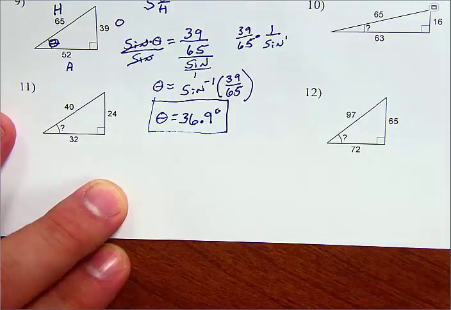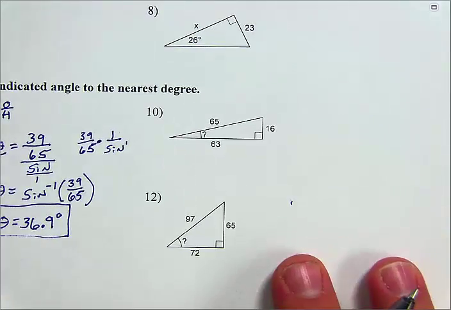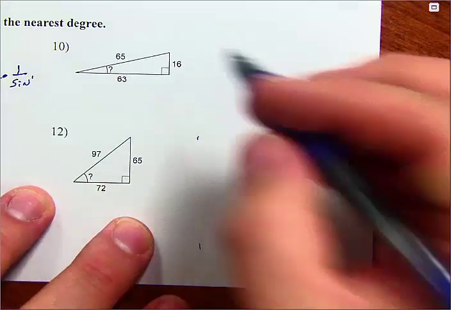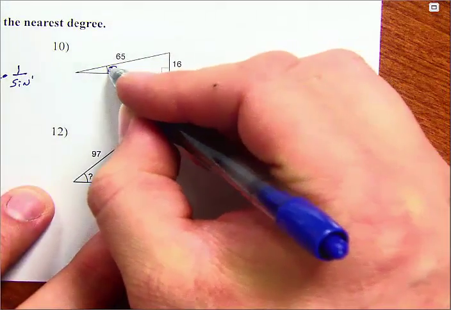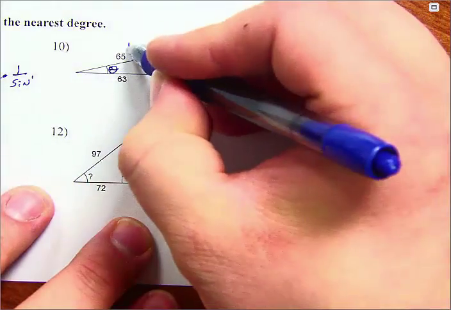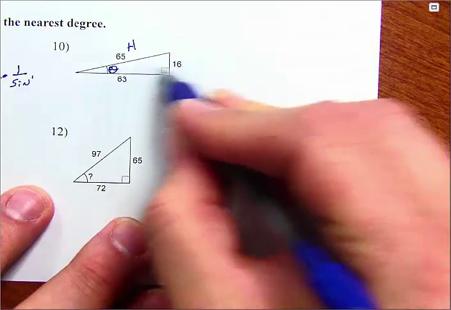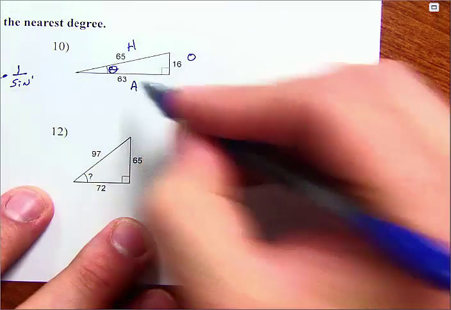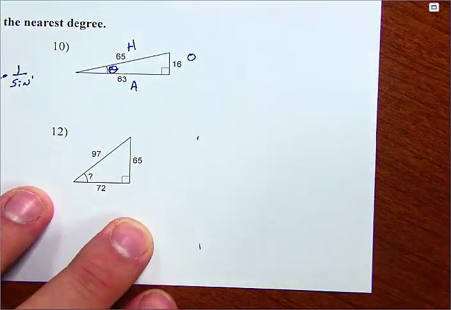Probably look at that again. So right now my little theta or phi or whatever is right there. My 90 is pointing. There's my hypotenuse. Theta is trying to eat 16, so that's my opposite, forcing 63 to be adjacent. I can use any trig function I want.